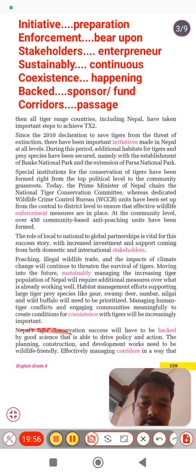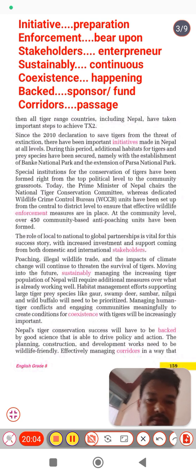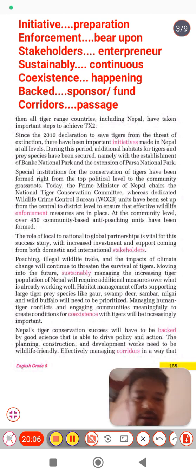And the final paragraph, students. Nepal's tiger conservation success will have to be backed. Backed means helped or sponsored or funded by someone. By good science that is able to drive policy and action, the planning, construction, and development works need to be wildlife friendly, effectively managing corridors.